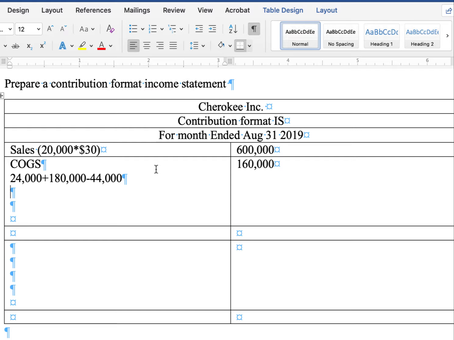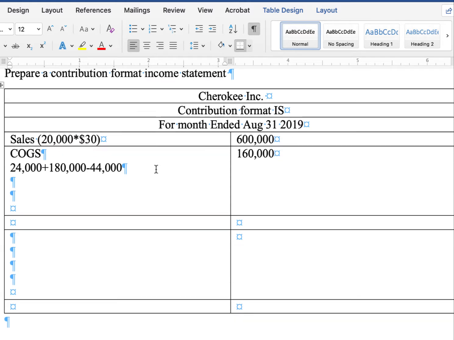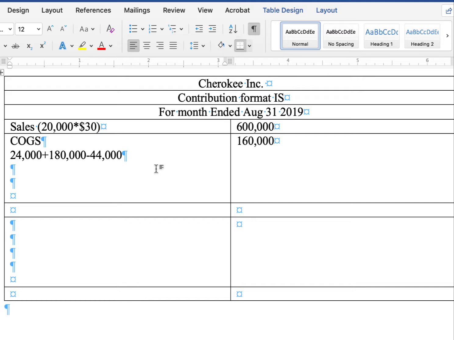Next, let me go down a little more here. What's my next variable expense that I have? Well, I have variable selling, and I'm going to abbreviate that with a V. What was our variable selling expense?